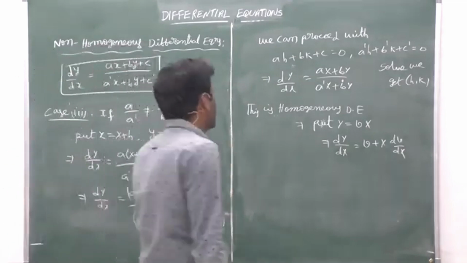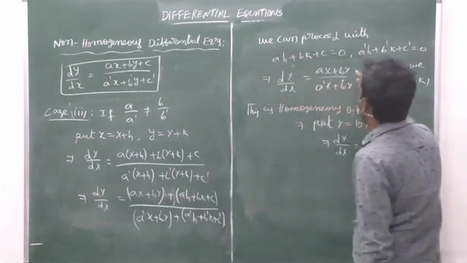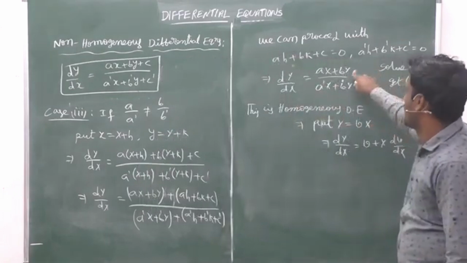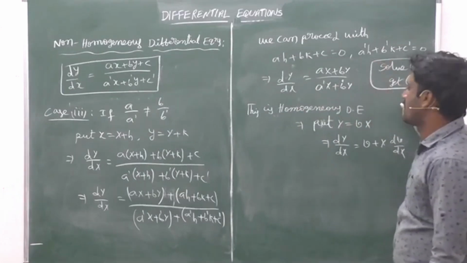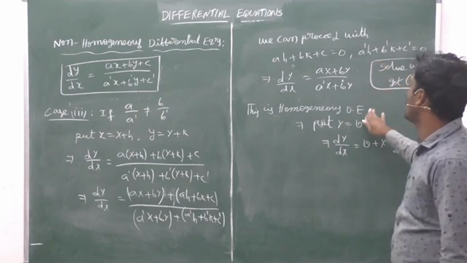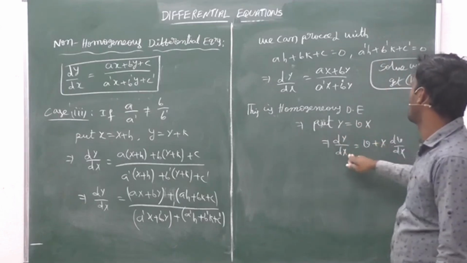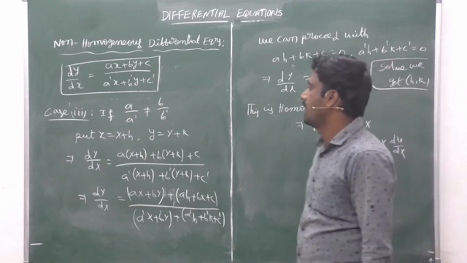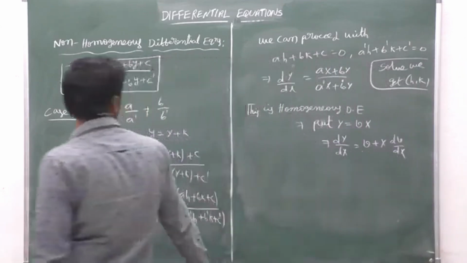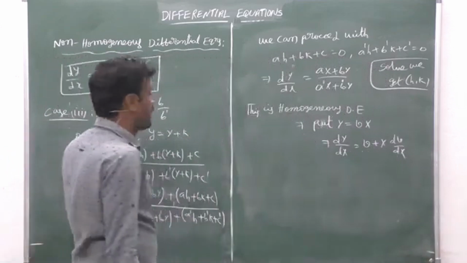These terms equal to 0. That implies dy by dx equal to ax plus by by a dash x plus b dash y. Solve, we get h comma k. This is homogeneous. Put y equal to vx, dy by dx equal to v plus x into dv by dx. That is case 3.